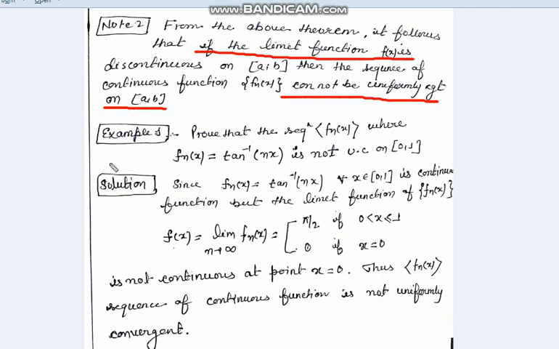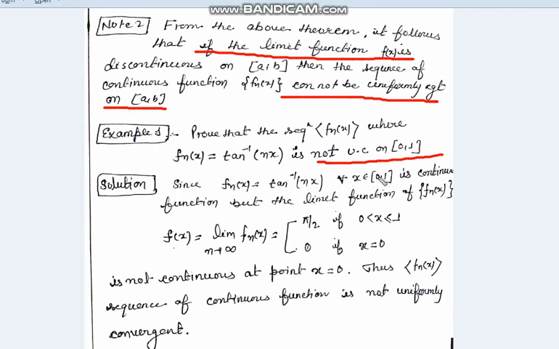For example, prove that the sequence of functions where f_n(x) is defined as tan inverse of nx is not uniformly convergent on the closed interval. So f_n(x) is equal to tan inverse nx for all x belonging to [0, 1].